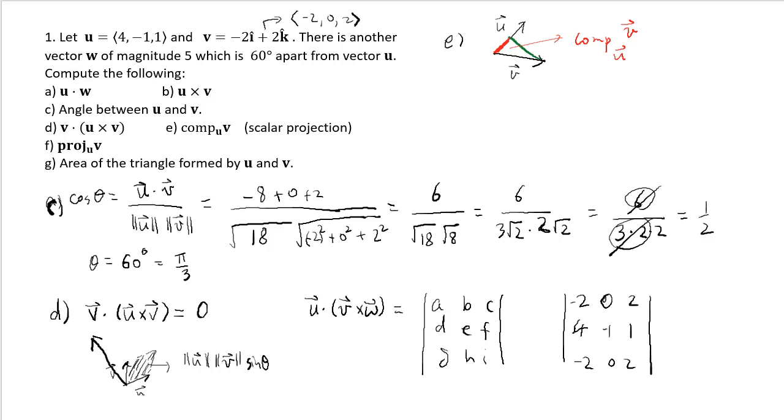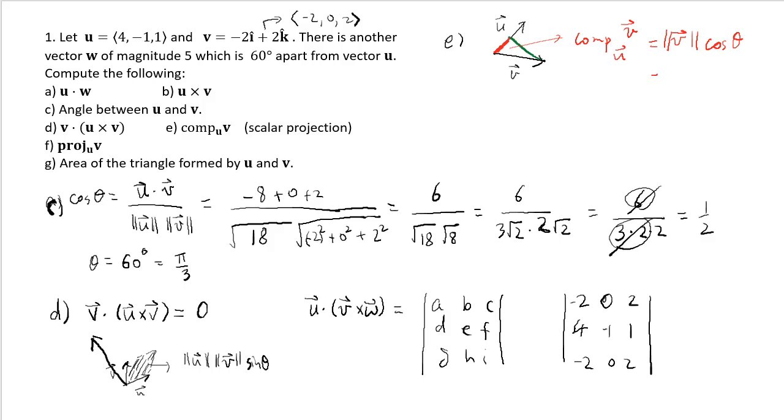Clearly what this is showing is that what we want is the length of V times the cosine of the angle between the two vectors, right? That's how you compute the projection.